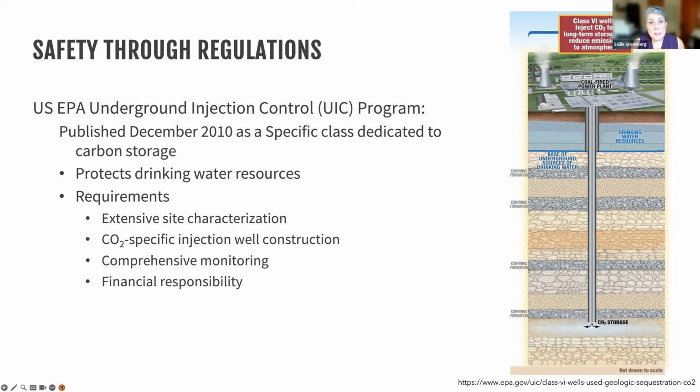And so there's a specific class of well for the storage of carbon dioxide. You have to apply either to the federal regional office, depending on your location, or if your state has primacy for Class 6, and you have to set up a rigorous testing system and reporting system that shows that you are continuing to operate a safe and viable carbon dioxide system.